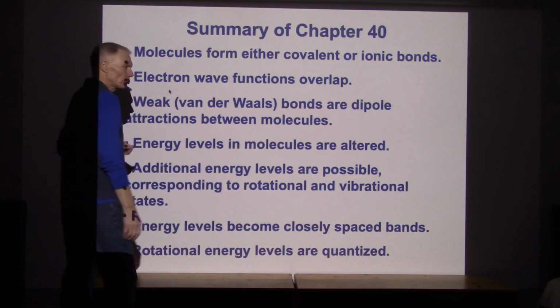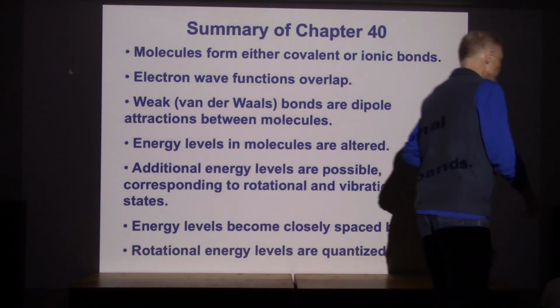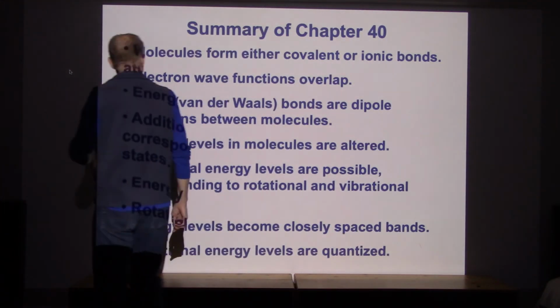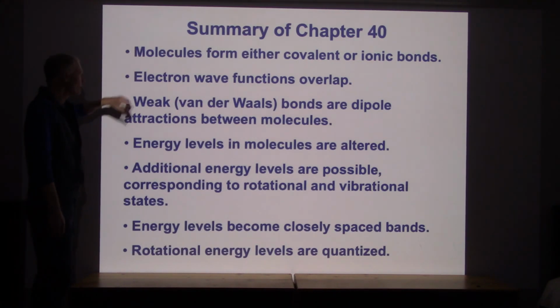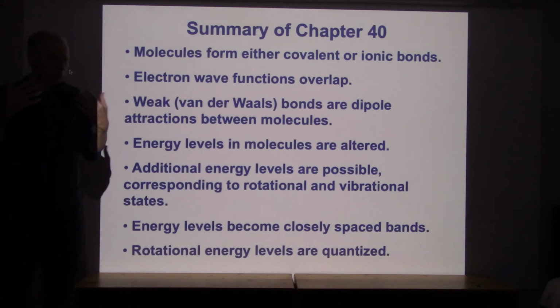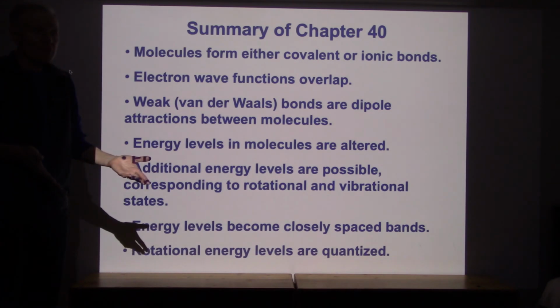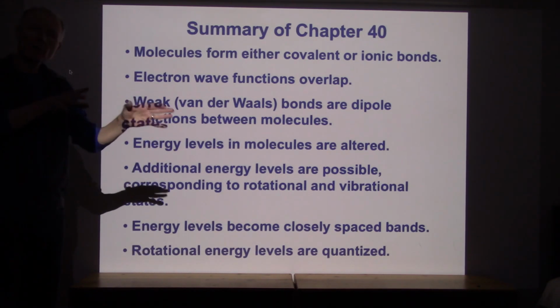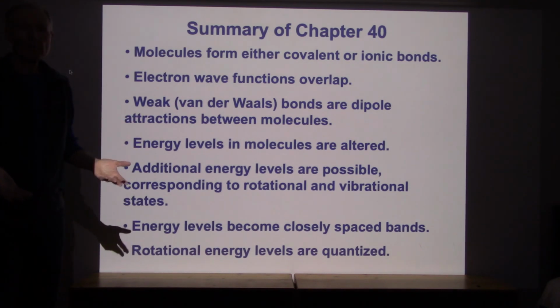Then we move on and look at electron wave function overlap as a way of forming these types of bonds. Now we said that even once the bulk of the chemical bond has been formed, because of quantum effects, these electron densities are shifted in a way where you get polar chemical bonds.